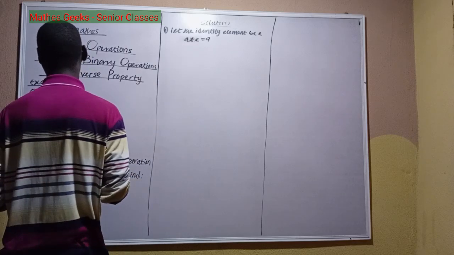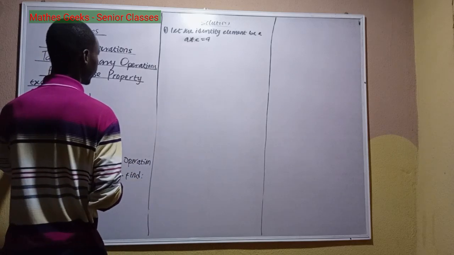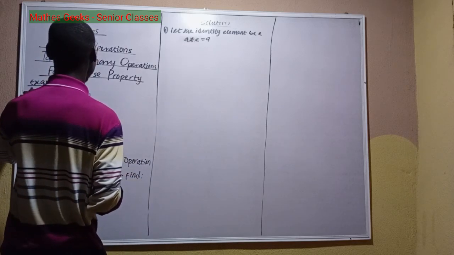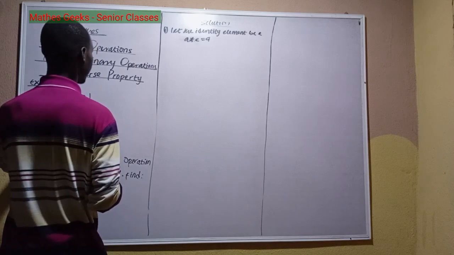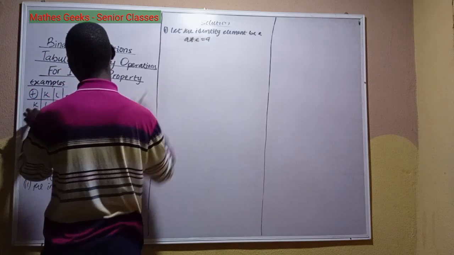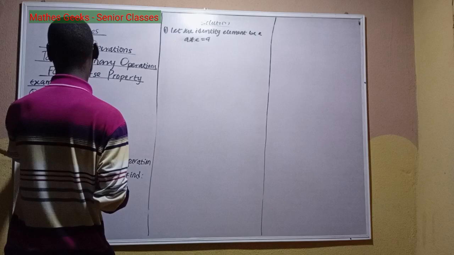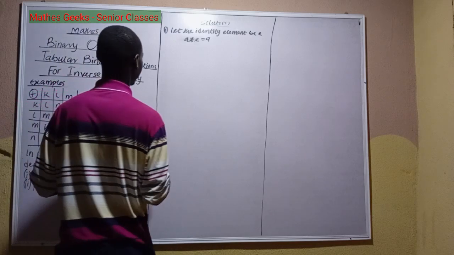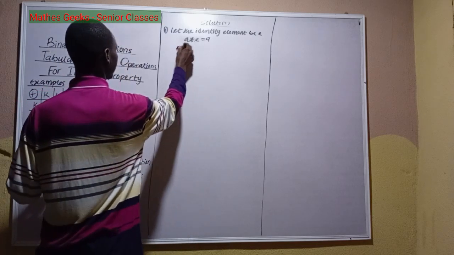So for any element we use here, K operation what will give us K back? If you are using L, L operation what will give us L? So let's use K from the table.